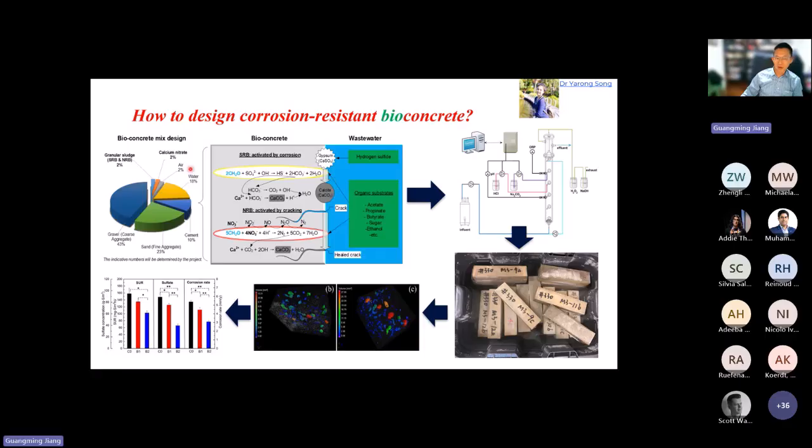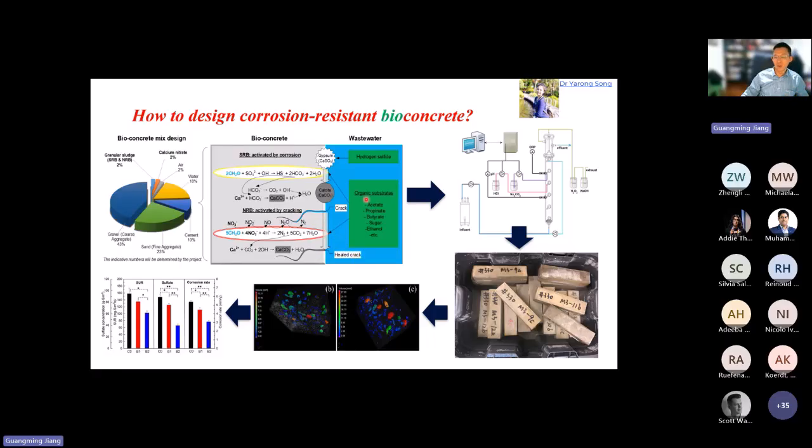So here we start with that perspective. The idea is we want to use SRB and NRB, sulfate and nitrate reducing bacteria, to induce the MICP, which may induce the crack healing.